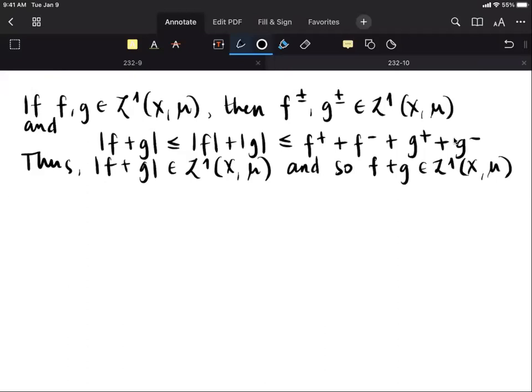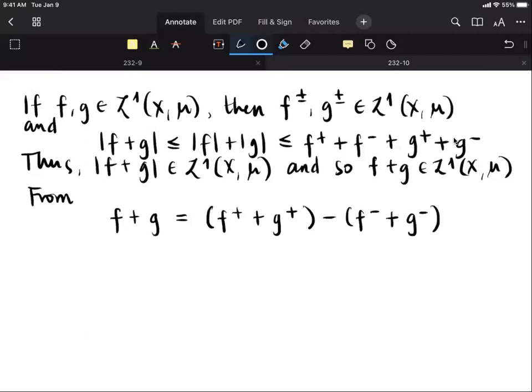And now we can represent the sum as the difference of two non-negative measurable functions. And they are also integrable.